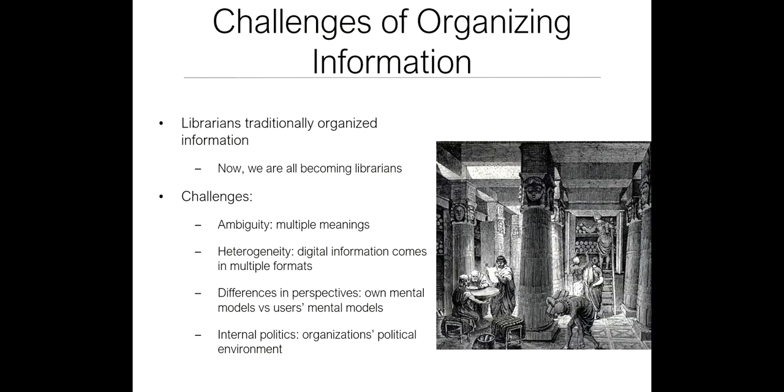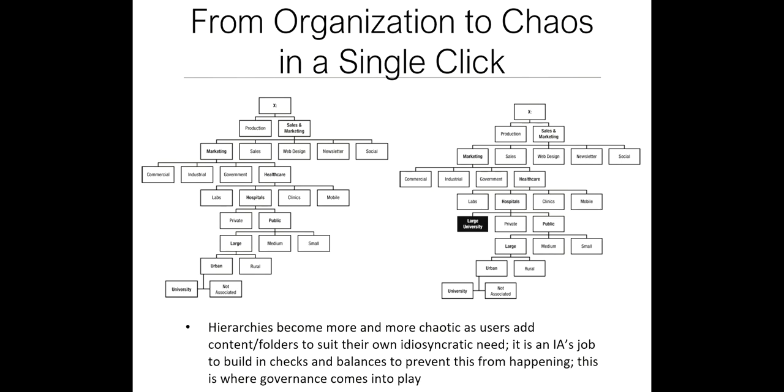There's also the idea of what's known as findability versus putability. Good metadata and a well-defined taxonomy can not only help with findability, but with putability as well. They really do go hand in hand, and that's really illustrated, I think, better in this idea from organization of chaos in a single click.